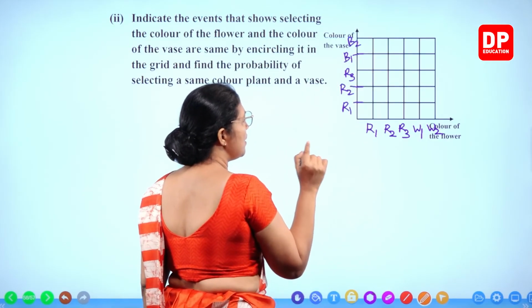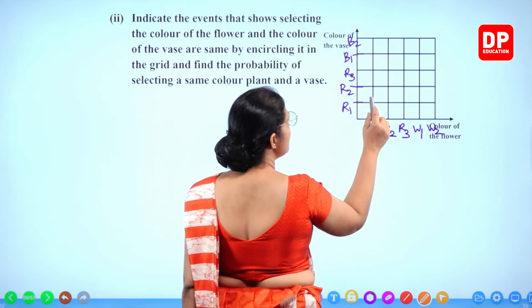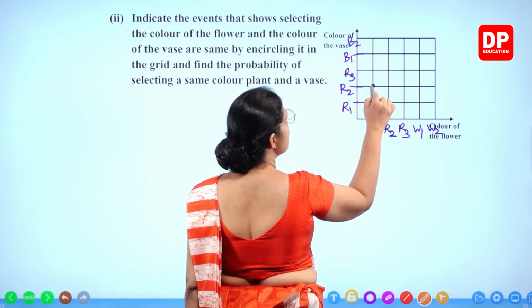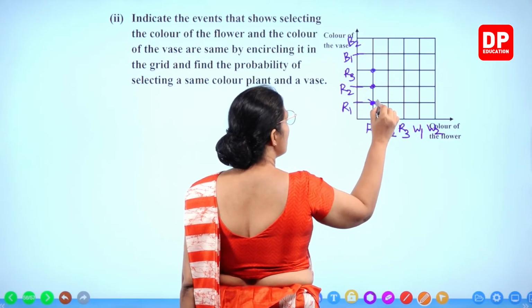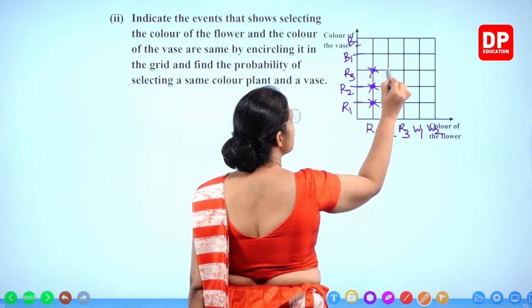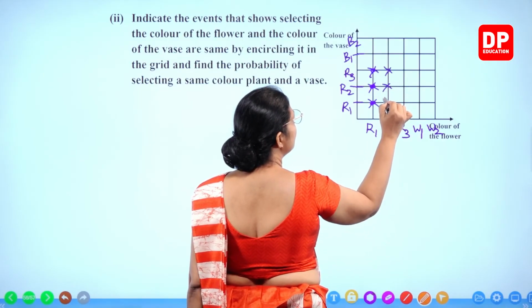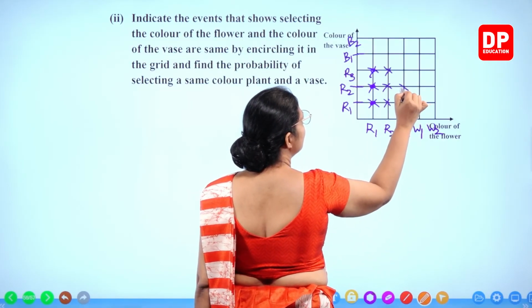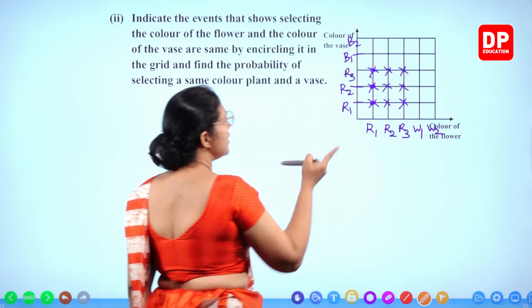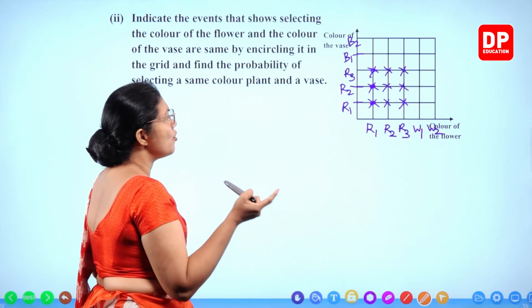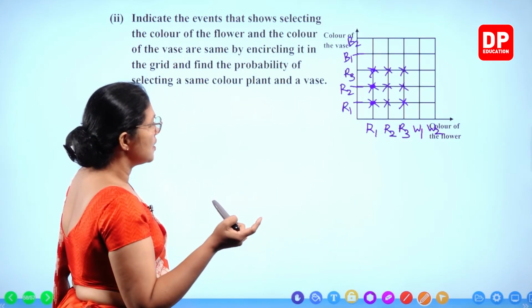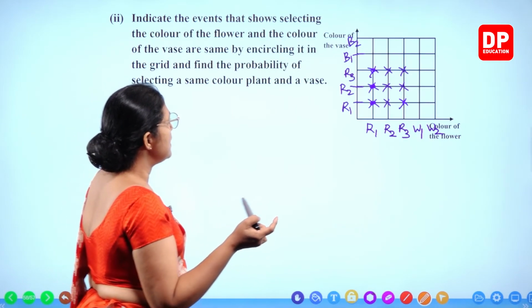Now same color means flowers red with vases red. So these are the possibilities. You can't get white there because there are no white vases. So 6 possibilities are there.